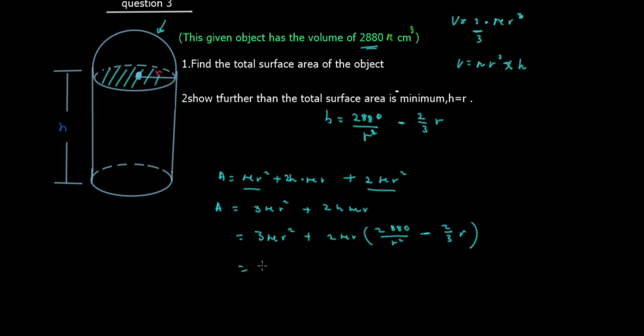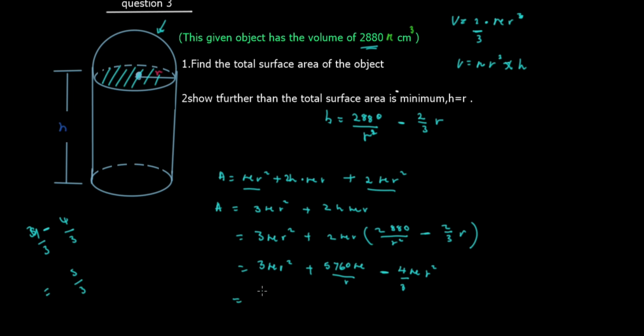Let's simplify the area. 3 pi r squared plus. Now you can see that this and this are the like terms. Let's combine them. So 3 minus 4 in my head, which is 9 over 3, will give me 5 over 3.